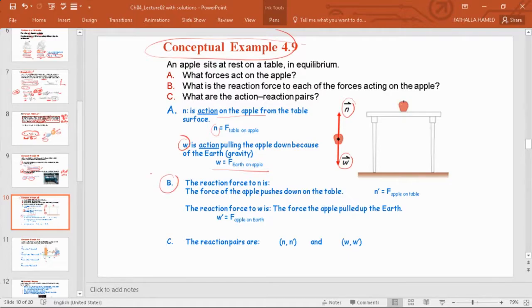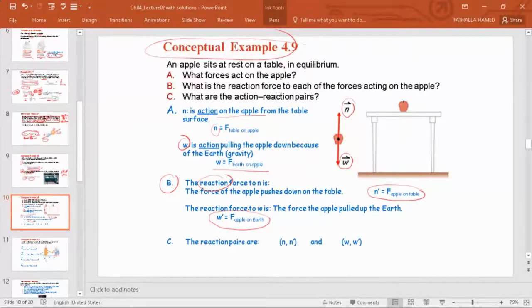Now in B, we look at the reaction. We have an N prime, which is the force of the apple on the table, and W prime, which is the force of the apple on the earth. The earth is pulling the apple downward, and the apple is pulling the earth upward.